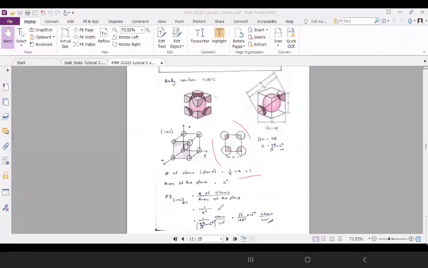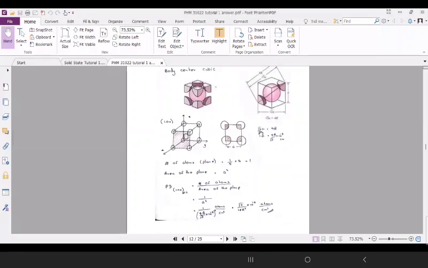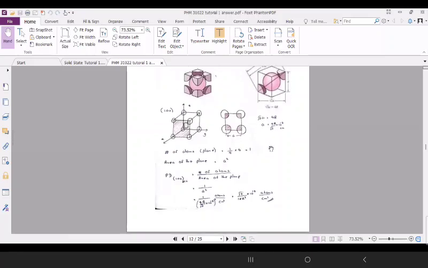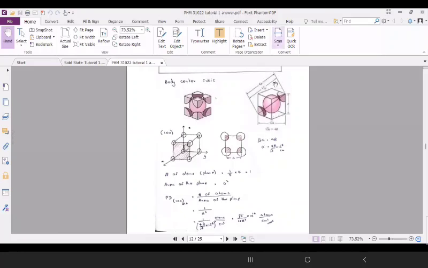But the problem is you can't give the answer in terms of simple a, because they have given you only the value R. So you have to convert the a value into capital R, because they have only given capital R, and you have to give the answer in terms of R. For this case, as I see in this question, you can get it.